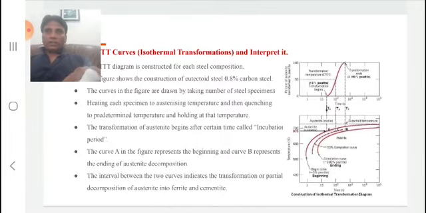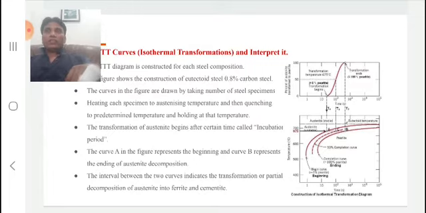The curve A in the figure represents the beginning and the curve B represents the ending of austenite decomposition. The interval between the two curves indicates the transformation or partial decomposition of austenite into ferrite and cementite.